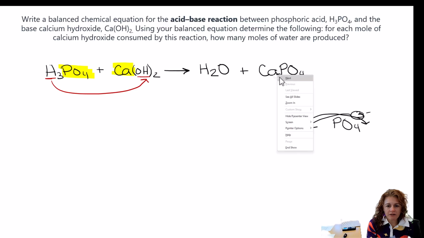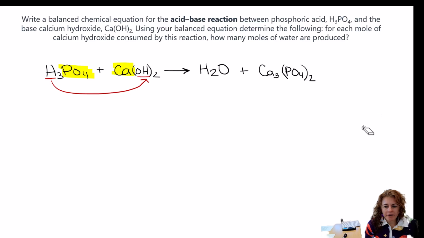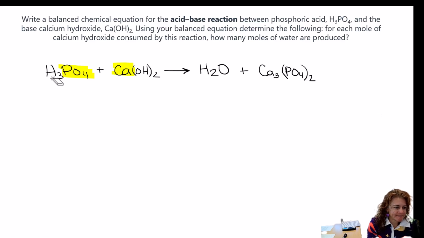So it should be calcium with a subscript of 3, and then that phosphate with a subscript of 2. I need 2 of those packages. So anytime we put an ionic compound on the paper, we need to make sure it's electrically neutral. I'm just cleaning this up a little bit so we can start balancing.